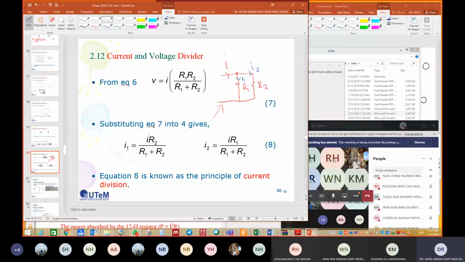Let's say we have a current source here, so I is equal to this current source.